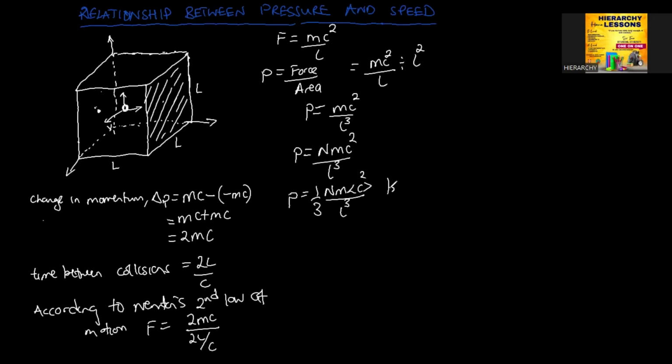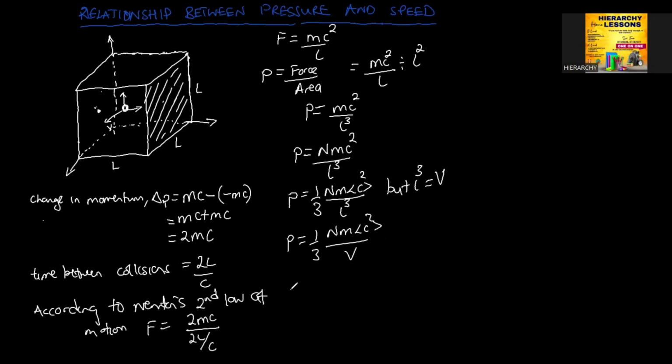L cubed, side times side times side, gives us the volume. Therefore P is equal to one third Nmc squared over V. That's the equation.